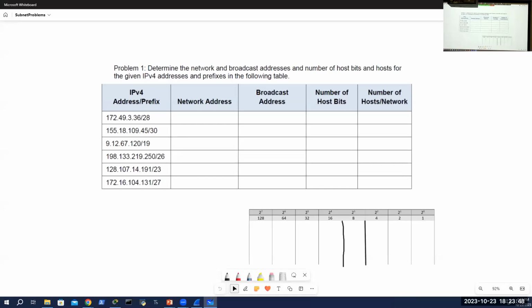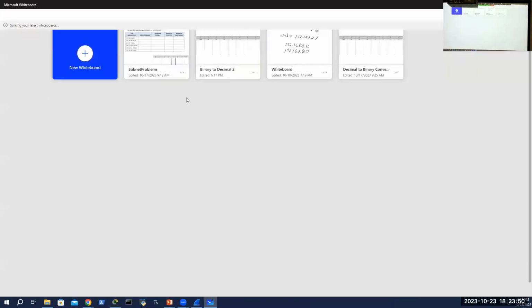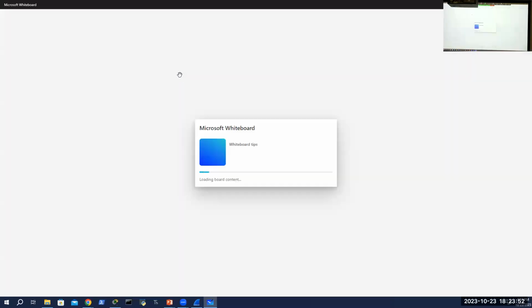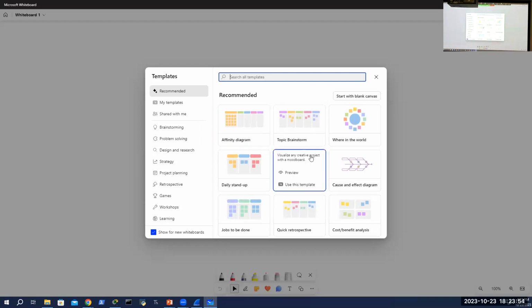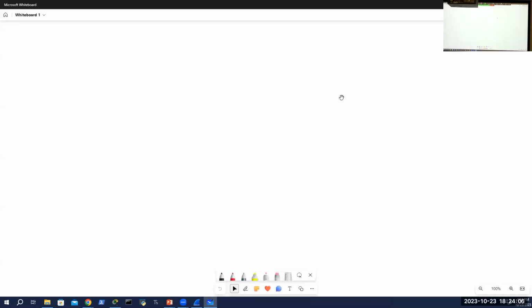Yeah, that's for some subnetting problems. I'll just create a new one. Nothing. Somewhere in there, there's something with nothing on it whatsoever. Where to go? Oh, blank canvas.